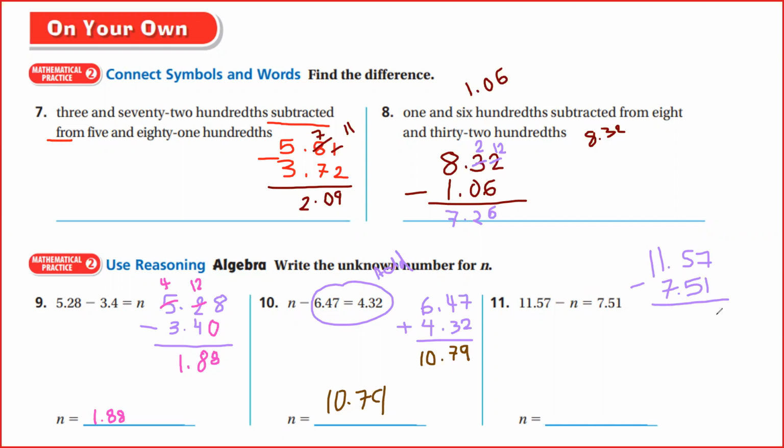7 minus 1, 6. 5 minus 5, 0. The decimal point. Then 11 minus 7, that's 4.